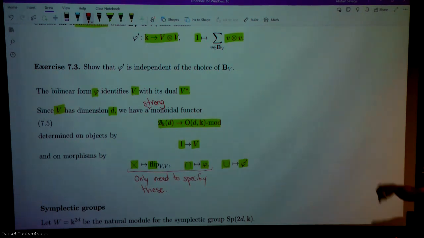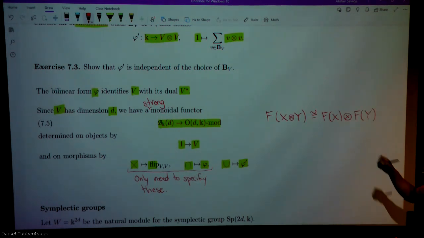So by monoidal functor, it doesn't strictly commute with tensor product, but it will have this property that F of X tensor Y is isomorphic to F of X tensor F of Y. And then these isomorphisms have some compatibility conditions. So that's what makes it fine to have a functor from a strict monoidal category to some monoidal category that's not strict. It's because we have this little bit of flexibility in the functor.